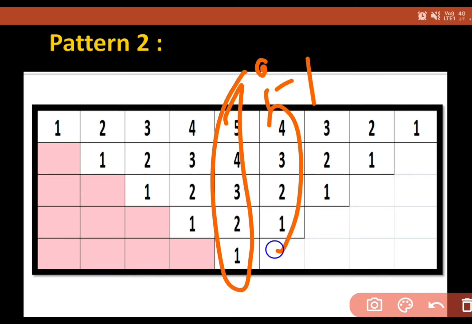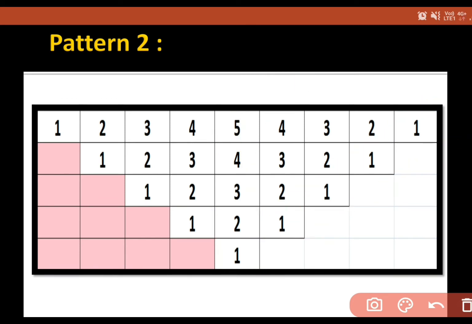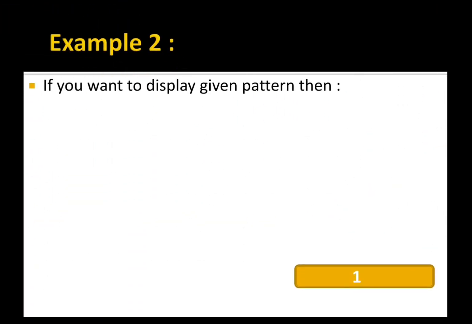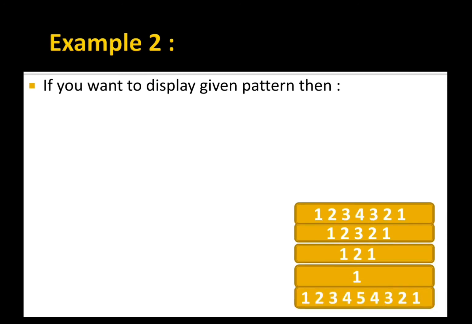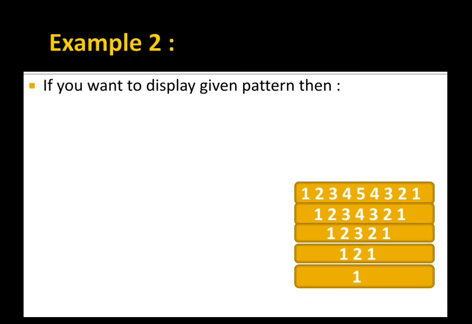The starting position is I minus 1, and we are ending on 1. See, these things you have to keep in mind, and you will have your pattern in front of you. You're not supposed to have any problem with the pattern. See, the solution is always in front of us. We have to just find out where it is.